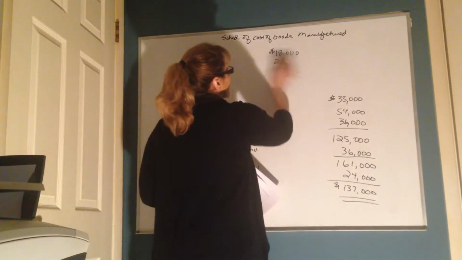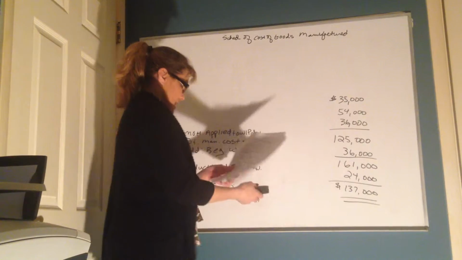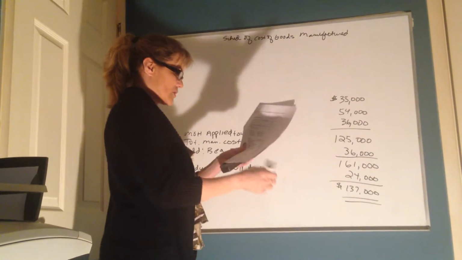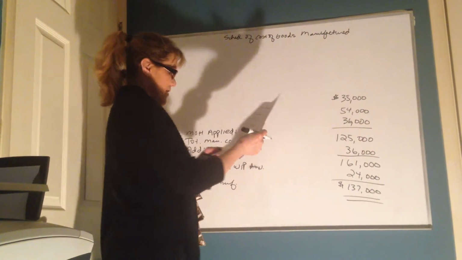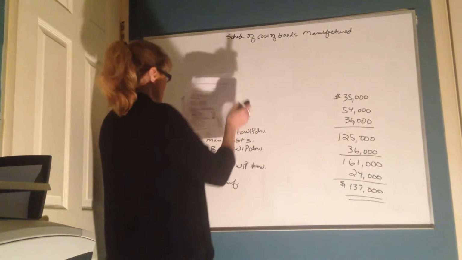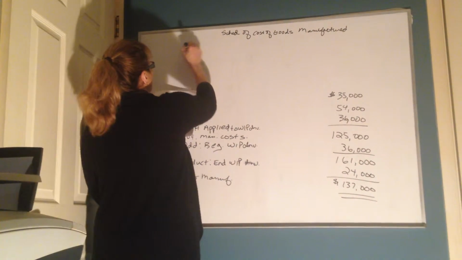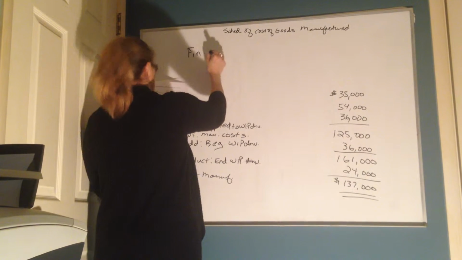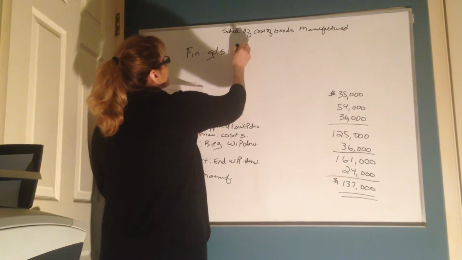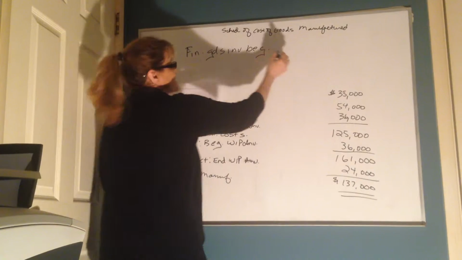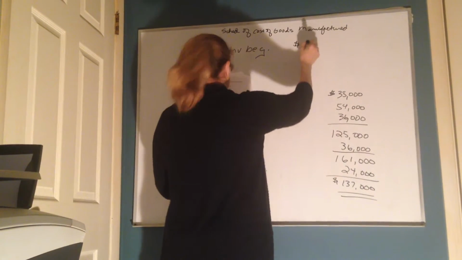I'm going to just go ahead and erase part of this so that we can go ahead and complete the cost of goods sold, because in your homework you have to do that also. So for the schedule of cost of goods sold, we're going to have our finished goods inventory beginning, and that is going to be 72,000.